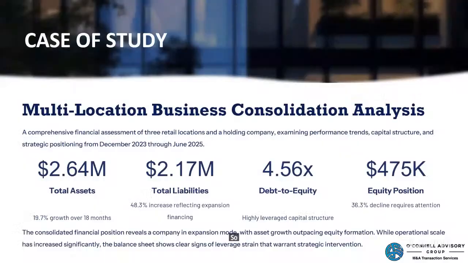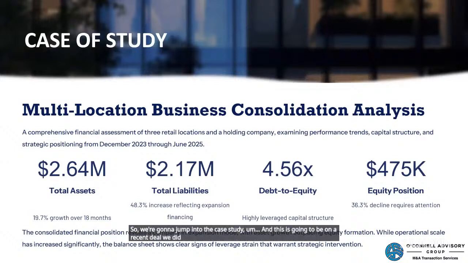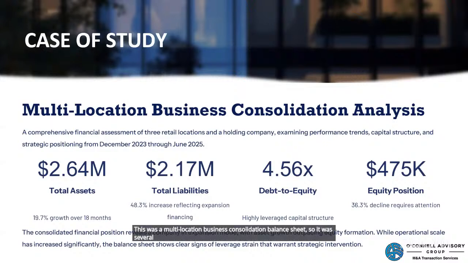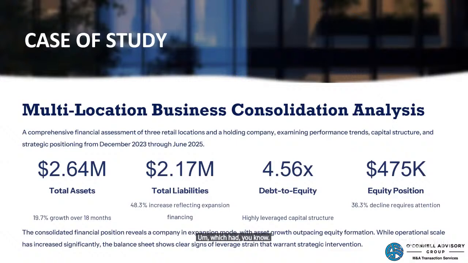So we're going to jump into the case study. And this is going to be on a recent deal we did. It's going to look a lot like the balance sheet walkthrough we just conducted. This was a multi-location business consolidation balance sheet. So it was several entities, which had significant assets and liabilities.